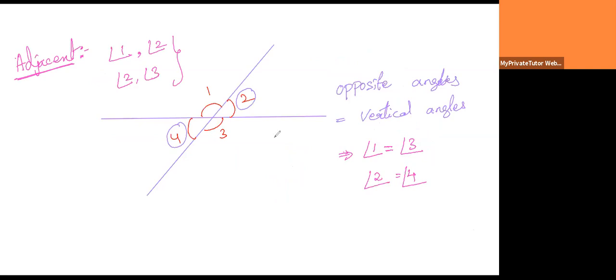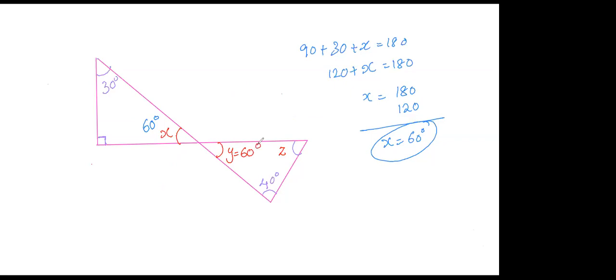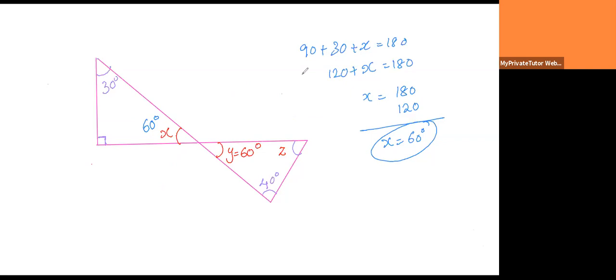If the angles are opposite, then those are equal. So here X and Y are equal. Yes, because those are opposite angles, or else you can say vertical angles. So 60.